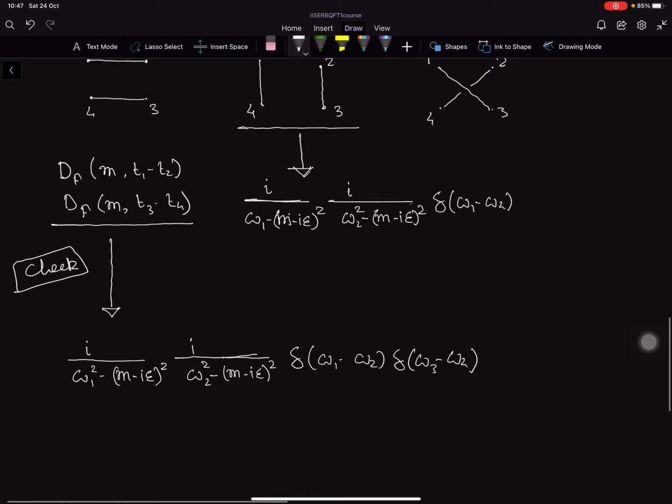This will be not 2, this will be 3, I'm sorry. Omega 1 minus omega 4 and this omega 2 minus omega 3. Okay. Similarly also there will be an expression here.